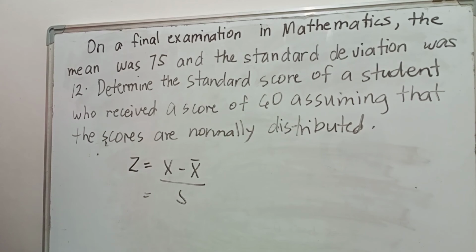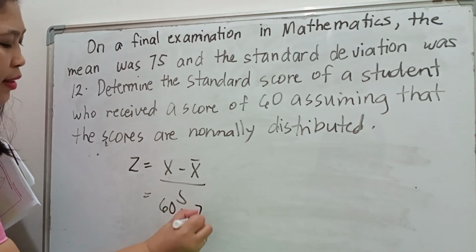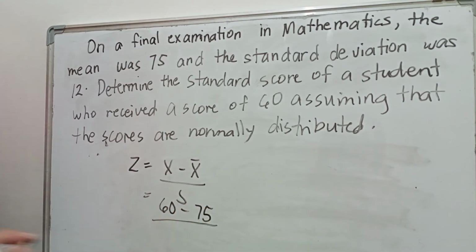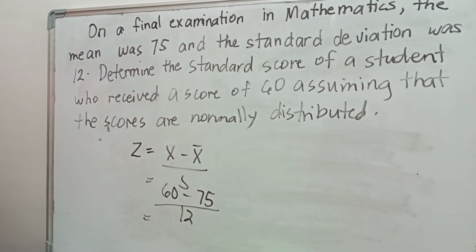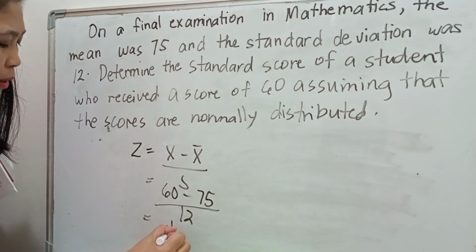Then for the second step, you need to check the given in our problem. For the third step, we need to substitute. Our given measurement is 60 minus our given sample mean of 75, all over our sample standard deviation of 12. 60 minus 75 is negative 15.